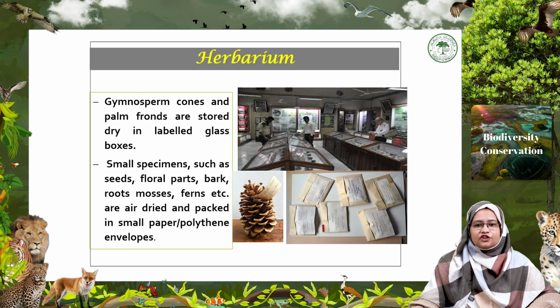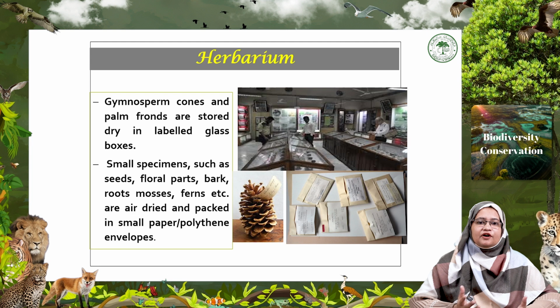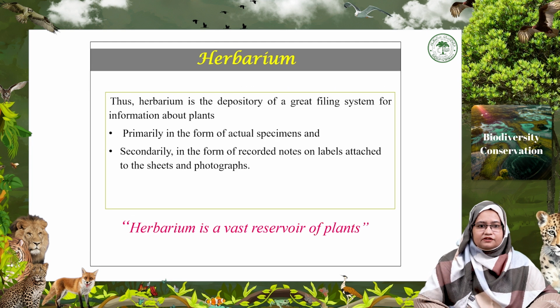So this approach ensures all plant forms can be documented regardless of their size or structure, as we can press them and paste them on the herbarium sheet, or we can collect them and store them in a formaldehyde solution, or in a glass box, or in an envelope. So herbaria are of quite different types depending upon the different plant parts.